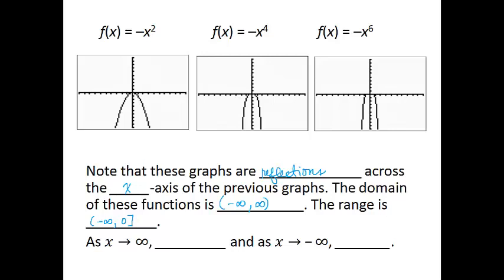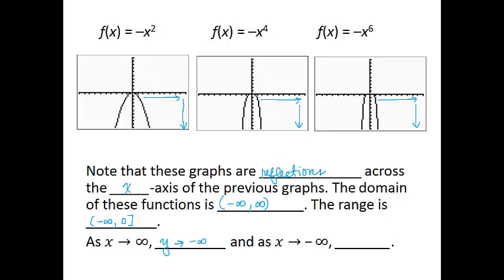As far as the end behavior, as we move to the right side of the graph, that is, as x gets larger and larger, notice that the graph is going down. And so we write that as y approaches negative infinity.